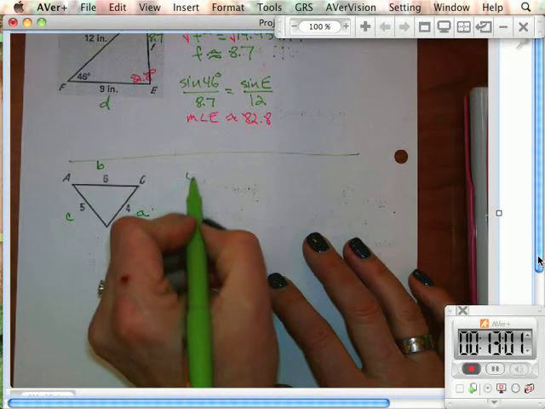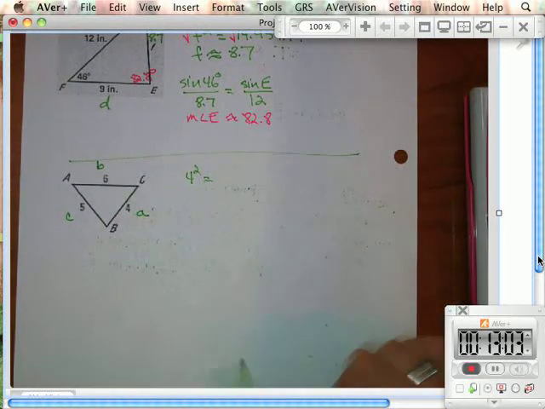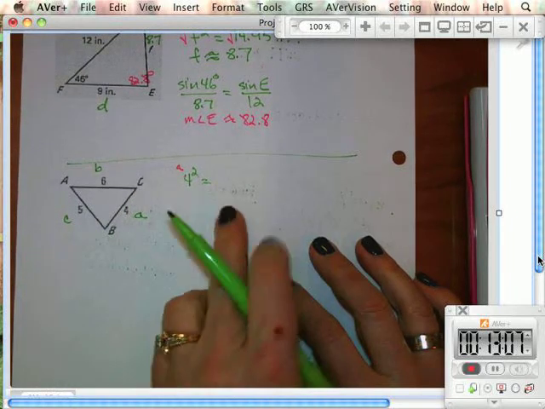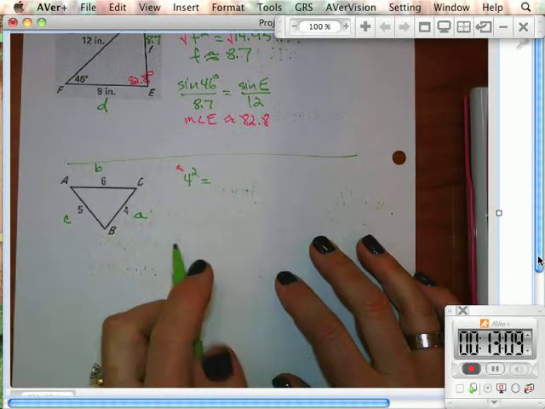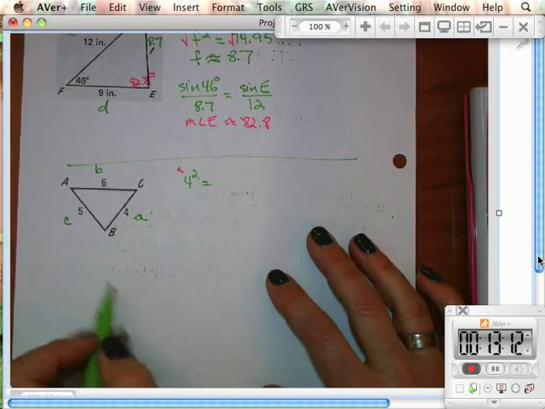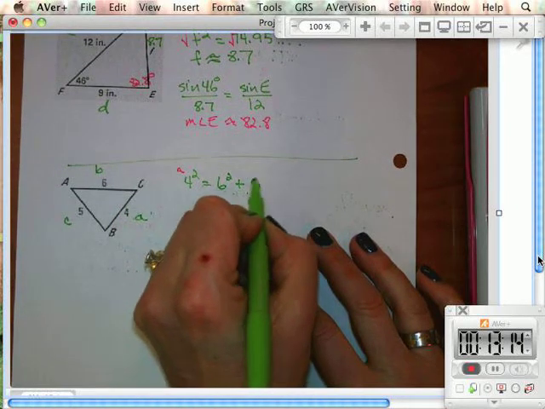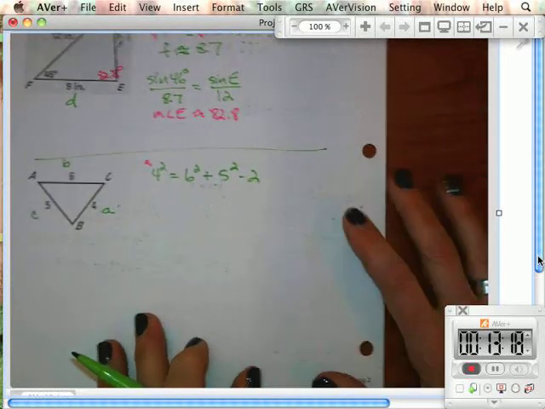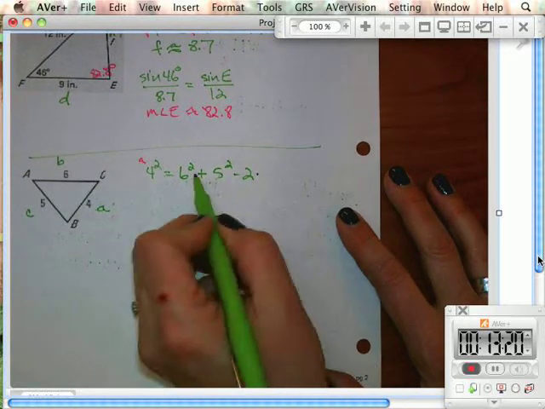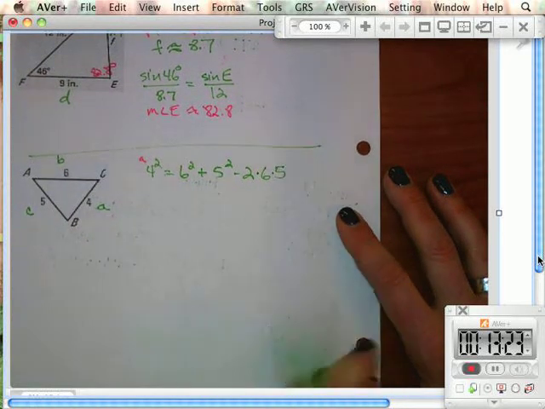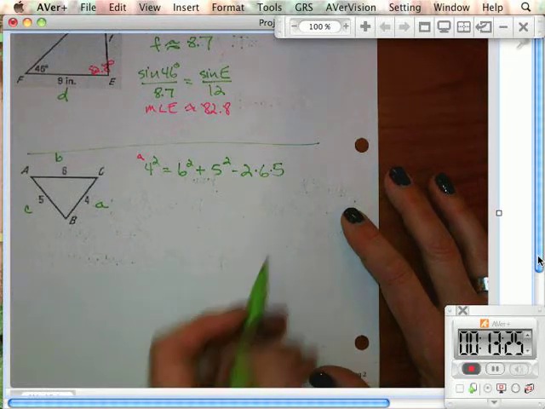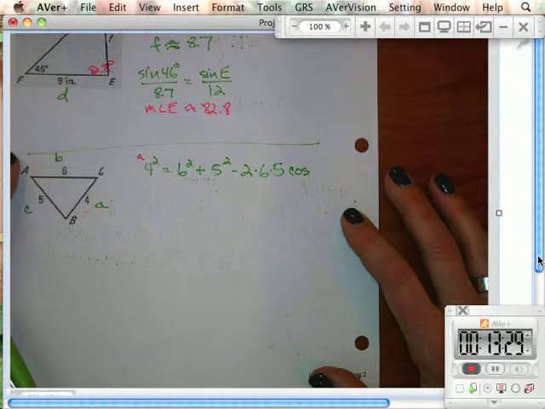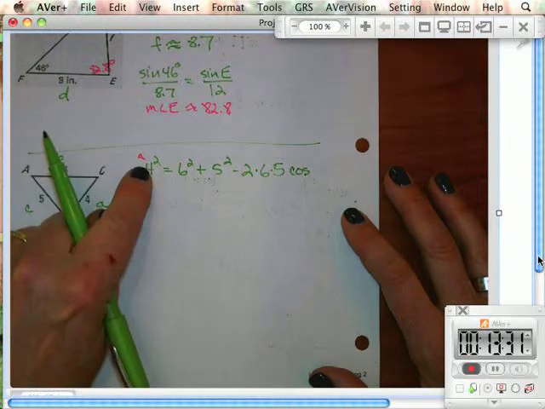Remember, this is A. Okay? So here I'm going to have B squared and C squared, correct? Then I'm going to do minus 2 what? Times what? 6 and 5, correct? But I don't know the angle measure, so I just have to write the cosine of what angle is it? A, yeah, because we started with A here, so we're using the cosine of A here.